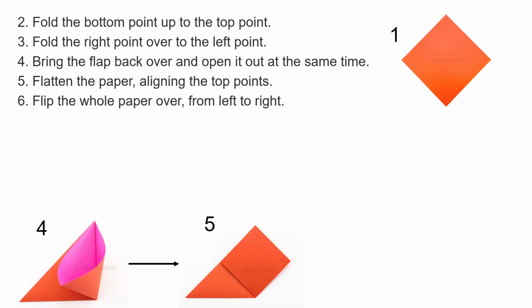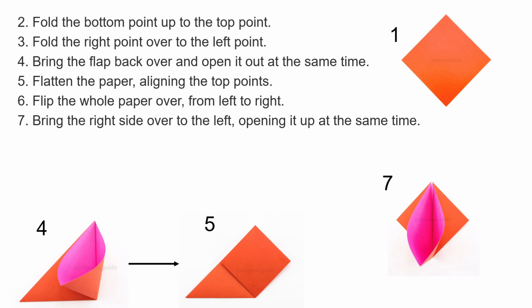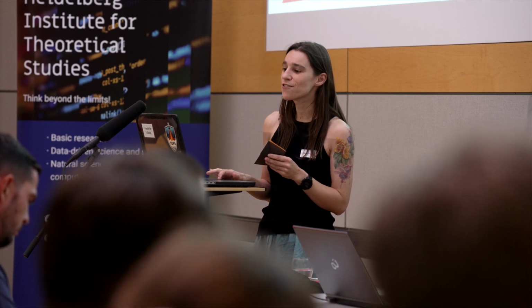Okay, so now flip the whole paper over from left to right. And then bring the right side over to the left, opening up at the same time. So again, it's kind of the same as the previous one, but on the other side.